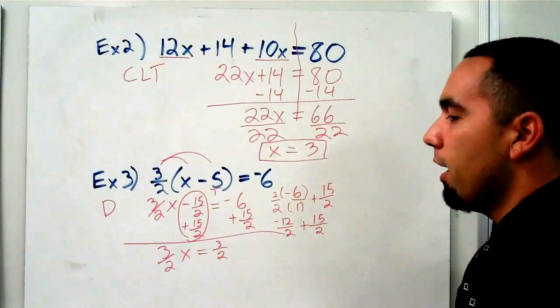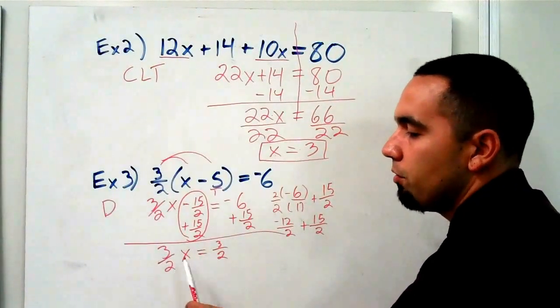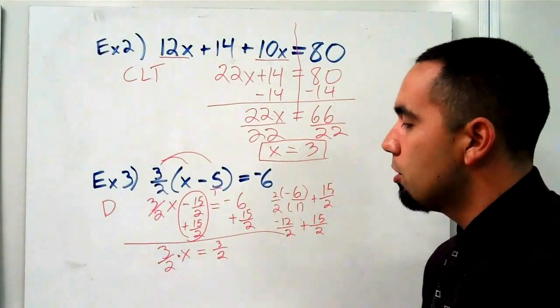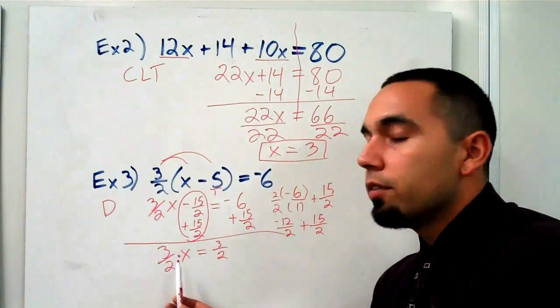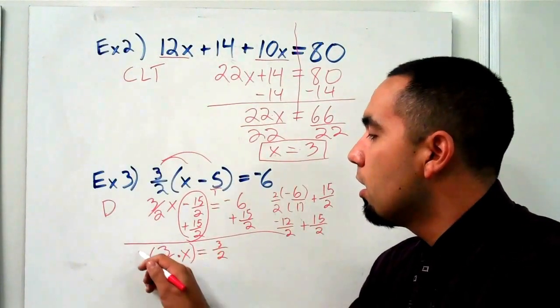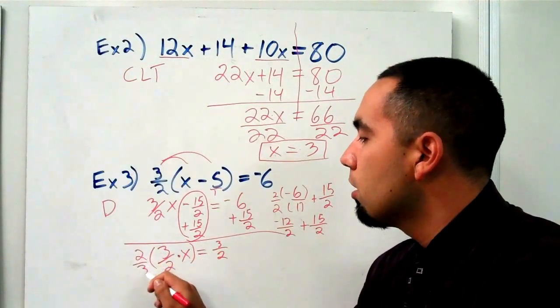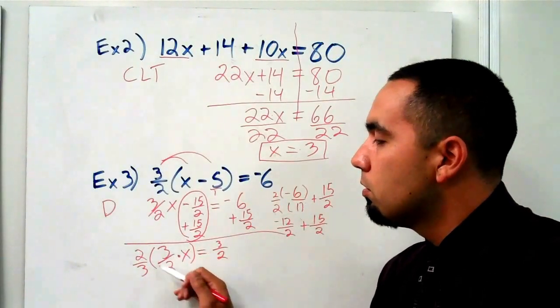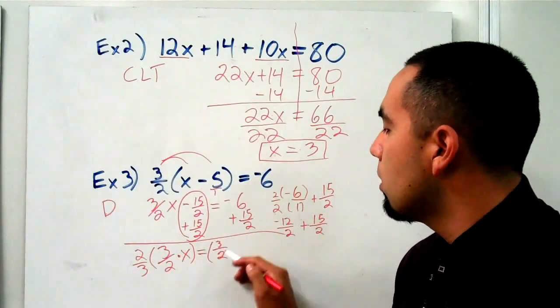Okay, and now I have a fraction in front of my variable, excuse me. So if I want to solve this in one step, what I need to do is I need to multiply by the reciprocal. Okay, so 2 over 3 is the reciprocal of 3 over 2. That's why I'm multiplying by 2 over 3.